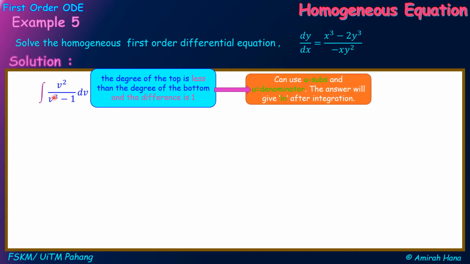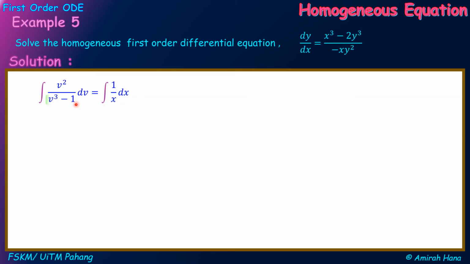So, in this case, we can use U substitution. And we choose U equals the denominator. And after we integrate, the answer will give ln, right? Alright, let me check our denominator, okay?